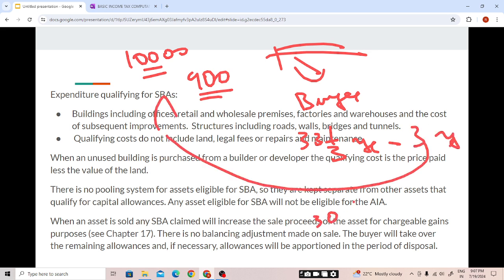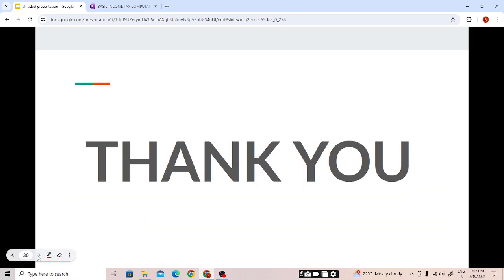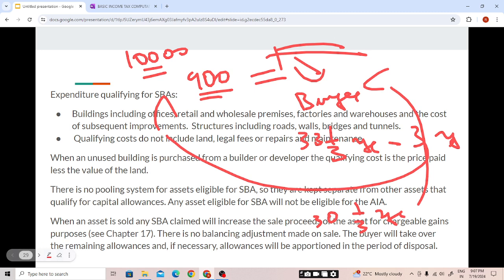So for 30 1/3 years the buyer can calculate the structure and building allowances. I hope this is clear, students.